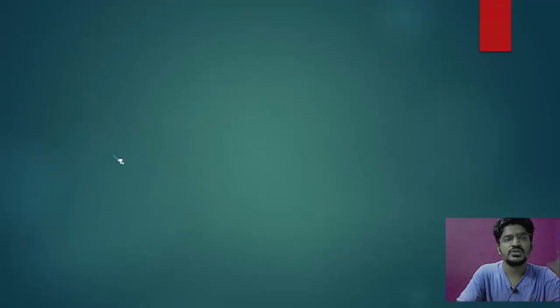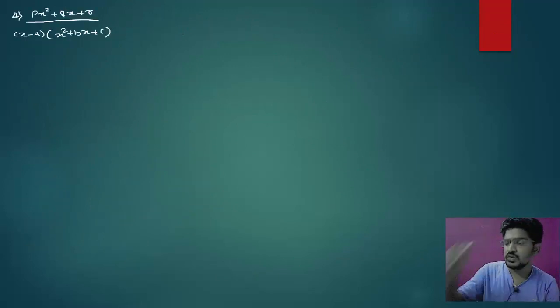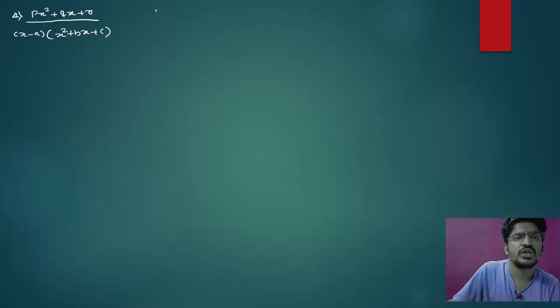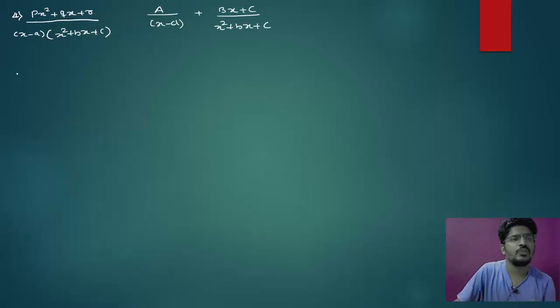Therefore for this quadratic root, to decompose this, I will write it as A divided by (x − a) plus (Bx + C) divided by (x² + bx + c). Now we can take one exercise problem.